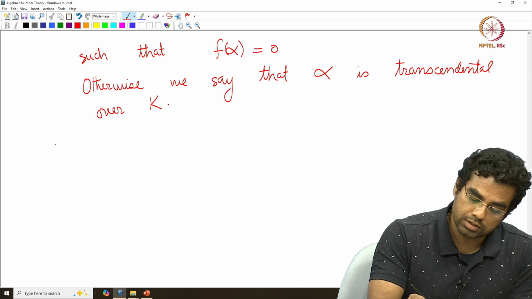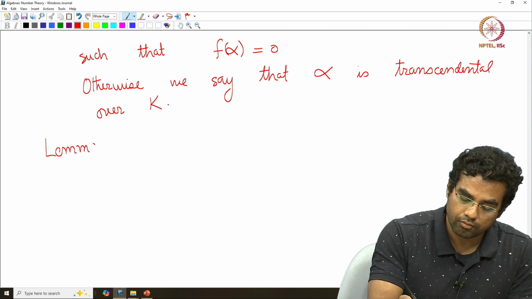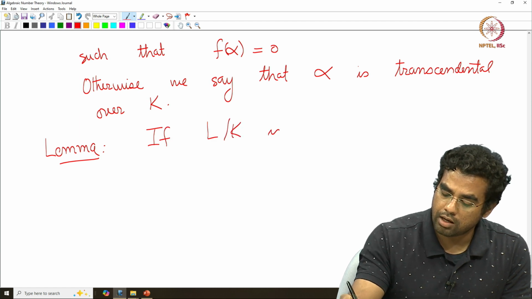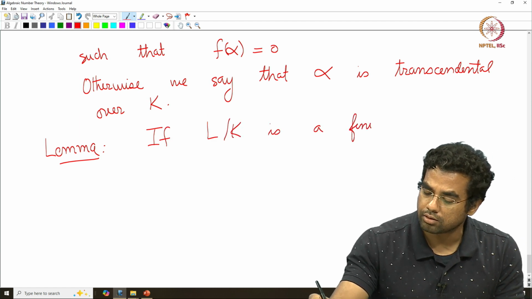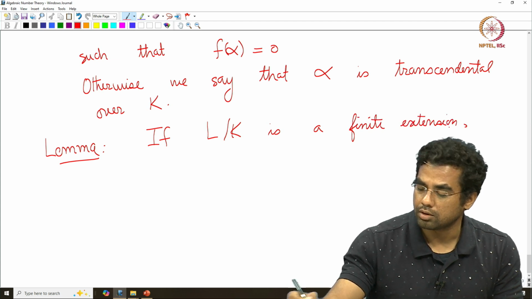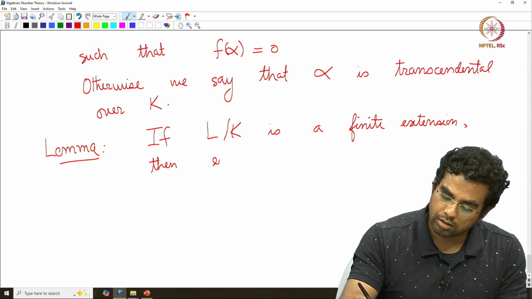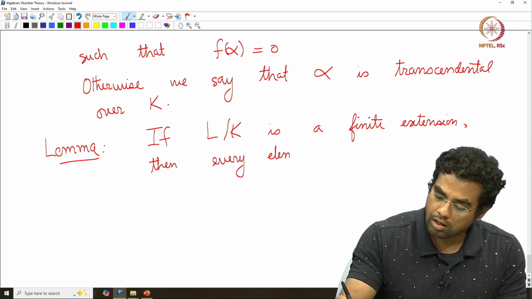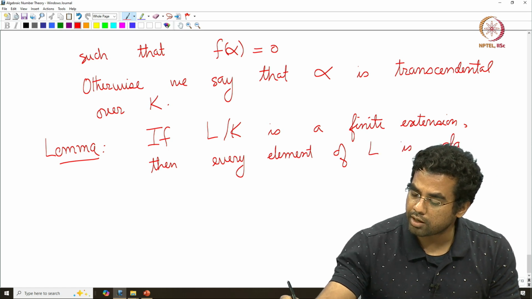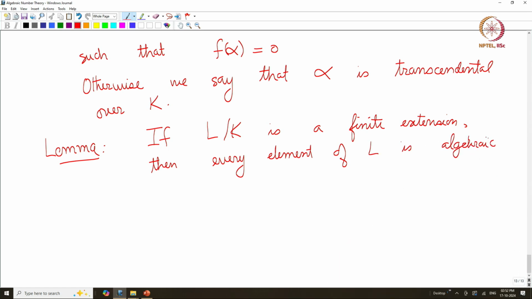So, here is a small lemma. If L over K is a finite extension, then every element of L is algebraic over K. It is an easy statement to prove, and you may have seen the proof of this before.